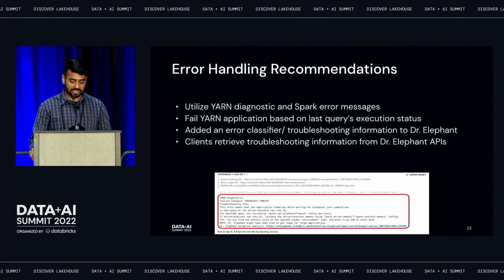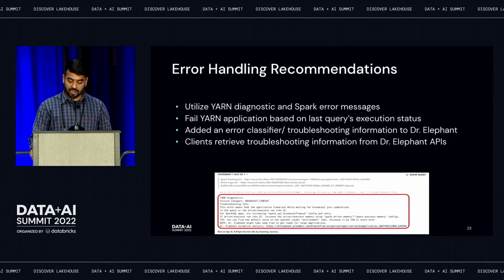An issue with Livy interactive sessions in cluster mode is that they consistently report a success status back on the YARN application master. To mitigate this issue, we track the status of the final query statement that ran and failed, and we fail the entire YARN application with that error message, so that the YARN diagnostic message correctly captures the failure of an application.